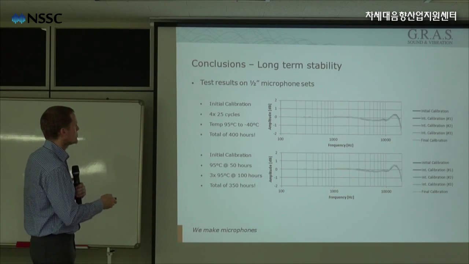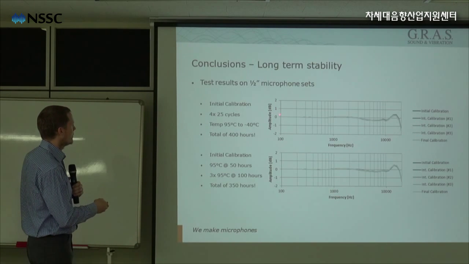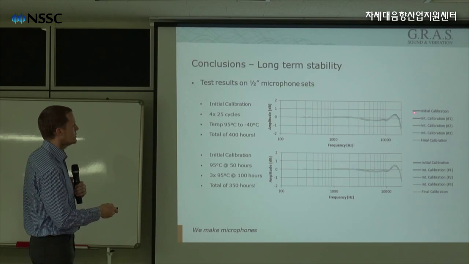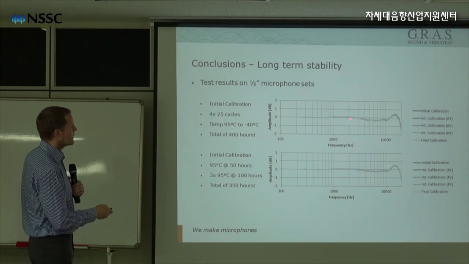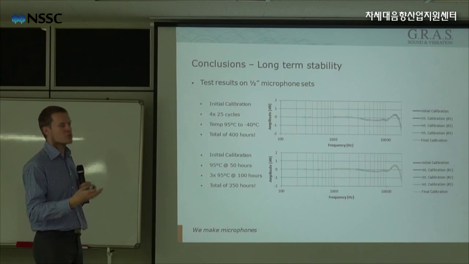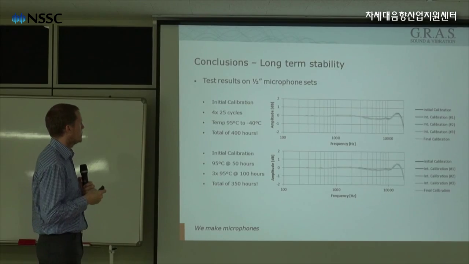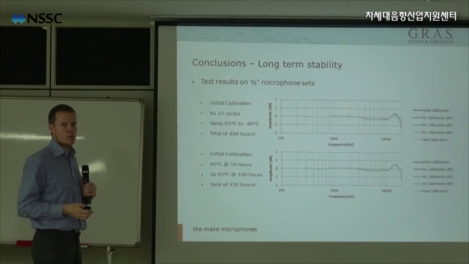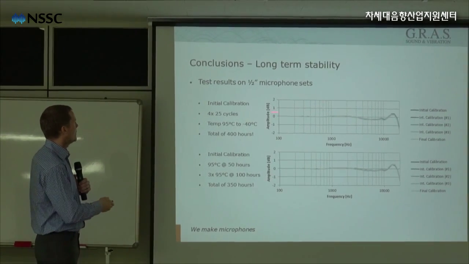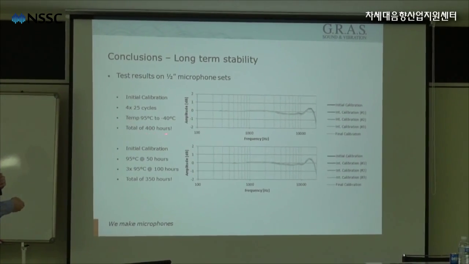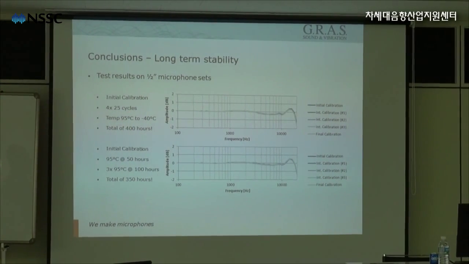It might be difficult to see, but if we look at the graph here, the index here is 0 and 1. And all the curves, the first calibration is the blue one, and then it goes lighter. So all the calibration data, or the frequency response, are very close to each other, and we see a minimum of change of around 0.1 or 0.2 decibel after doing 400 hours of cyclic testing.